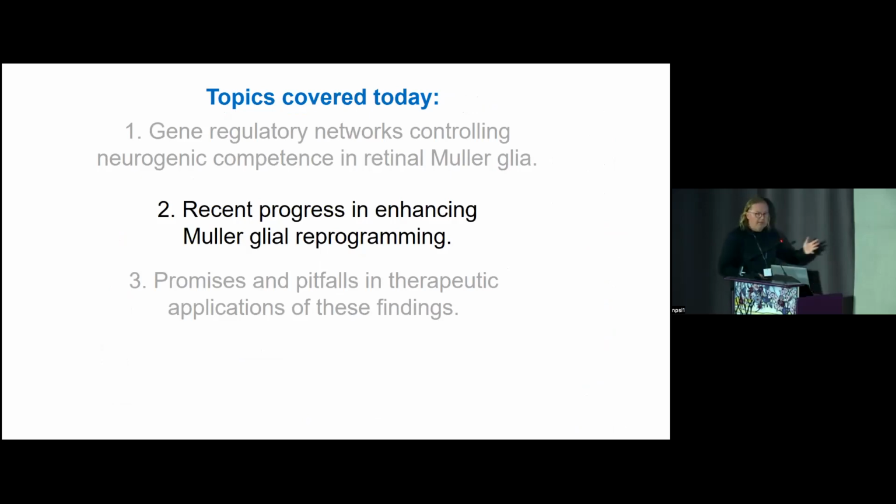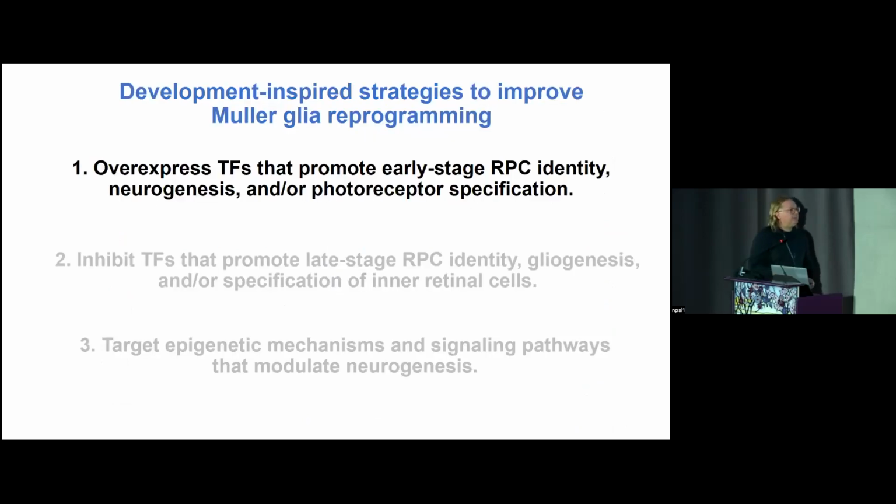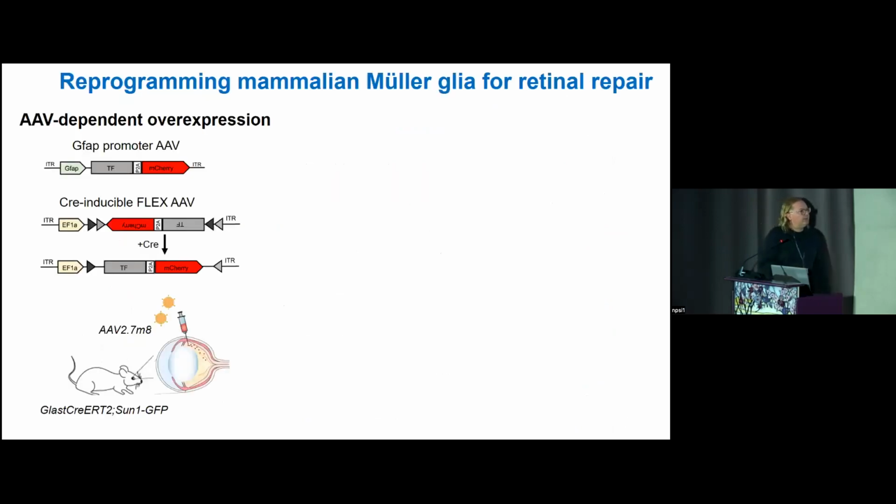What I'm going to tell you next is all unpublished, and really our efforts to do each of the following. First, to promote neurogenesis by misexpressing transcription factors that promote neurogenic competence. We've done this using viruses.